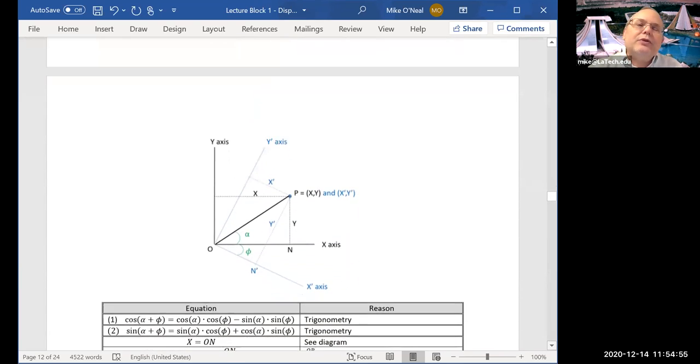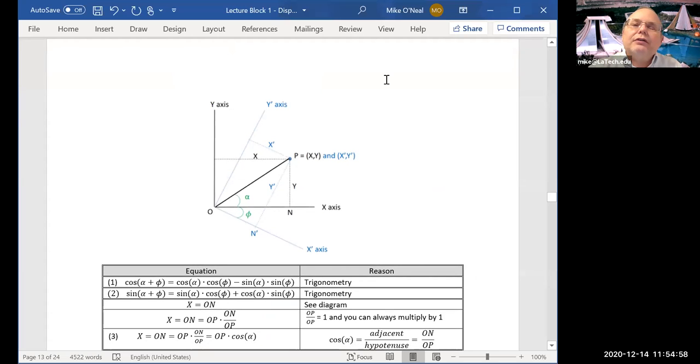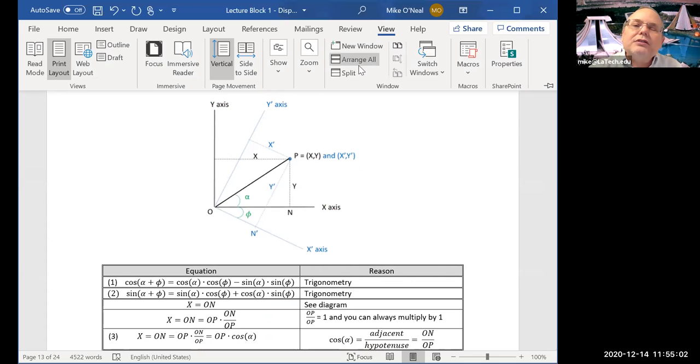Now, let's see if we can figure out what's going on here. I'm going to split my screen here to make things a little easier.